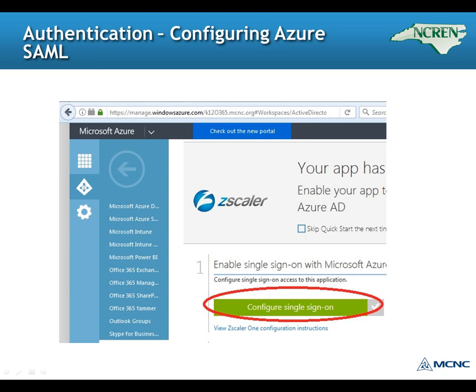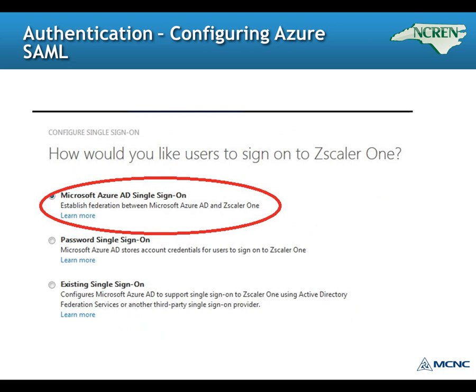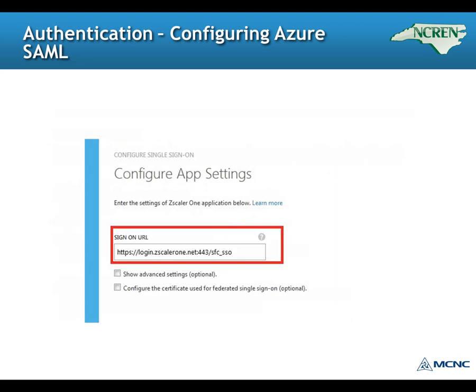Once we've chosen that, we say configure single sign-on. The icon here is the Zscaler icon, but it actually is Zscaler 1 that we're in. They're just using the same icon. Configure single sign-on. On the next screen, we're going to do Microsoft Azure AD single sign-on.